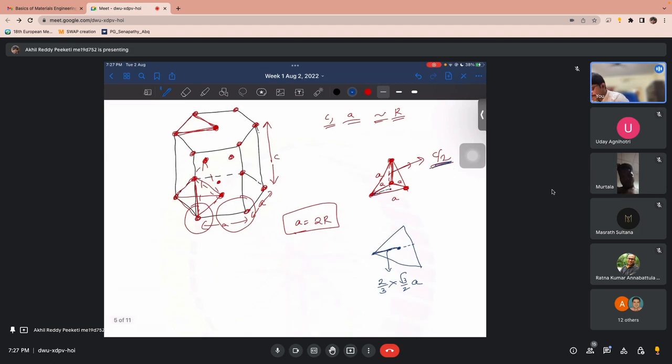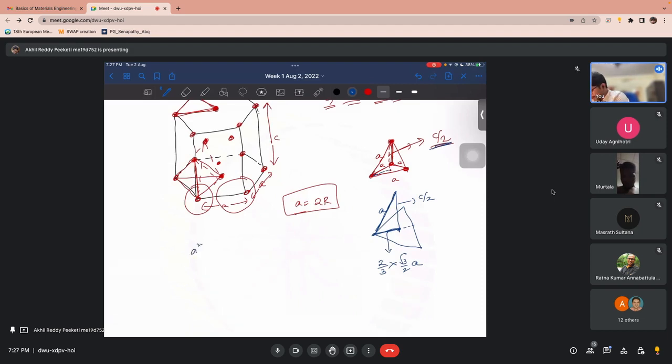So this distance comes from this, and the height is C by 2 as we have seen, and the hypotenuse should be A. So A square should be equal to C by 2 whole square plus A by root 3 whole square.